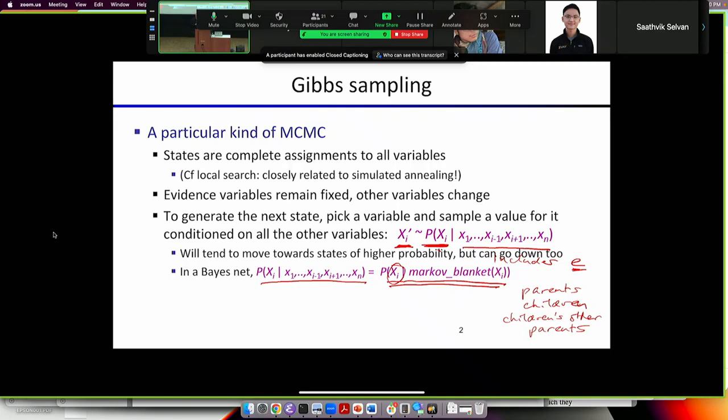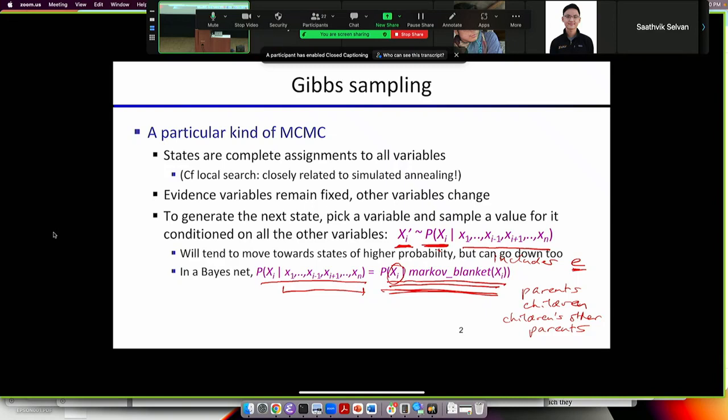So the complexity of doing this sampling operation is independent of the size of the network. So even if you have 1 billion variables in the network, so this list here is 999,999,999 variables, if you only have 2 children, 2 parents, and 2 co-parents, that's your sampling conditioned on just 6 variables.